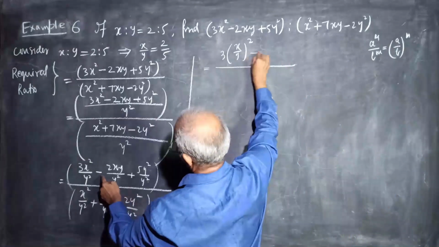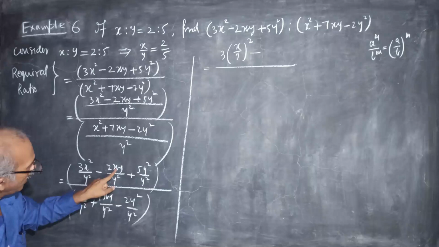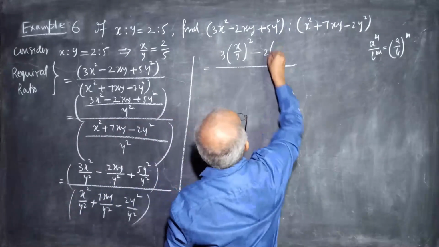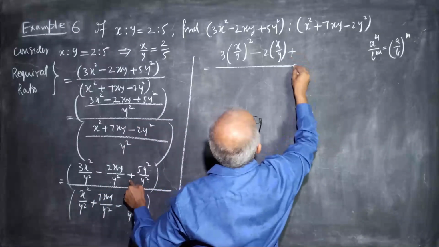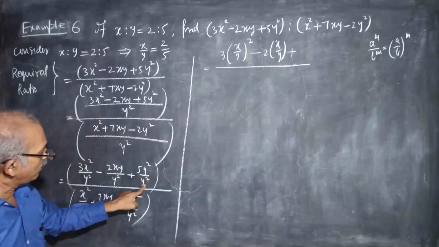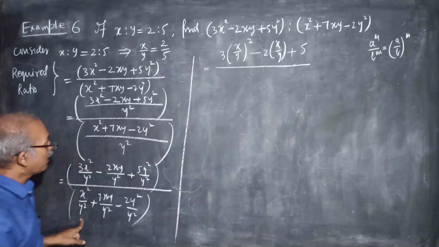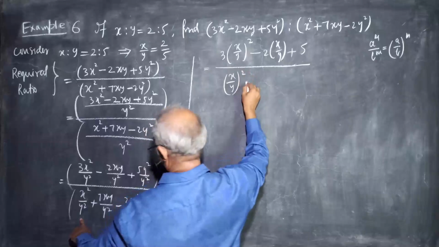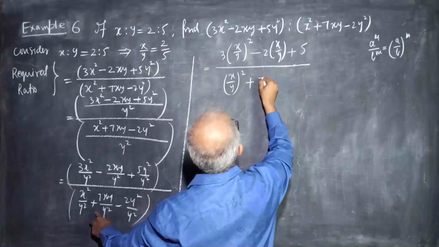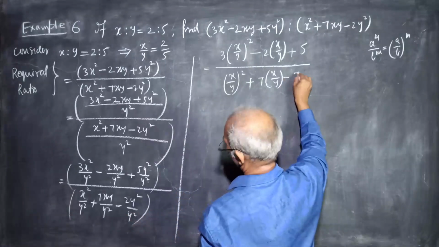So minus, here y gets cancelled, so y is the denominator: 2 into x by y. Plus, here y square cancels, so here the remaining is 5. Similarly in the denominator, x by y whole square plus 7 into x by y minus 2.